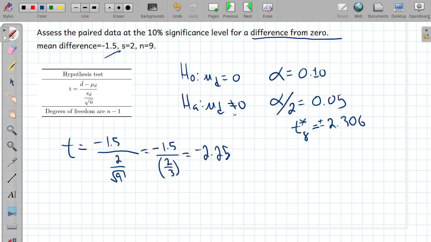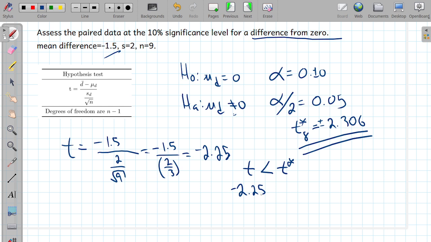Now, how does that compare to our critical value? Well, it's less than. So we see that t is less than t star, in other words, negative 2.25. Now, wait a minute. This is where we have to be careful, okay?